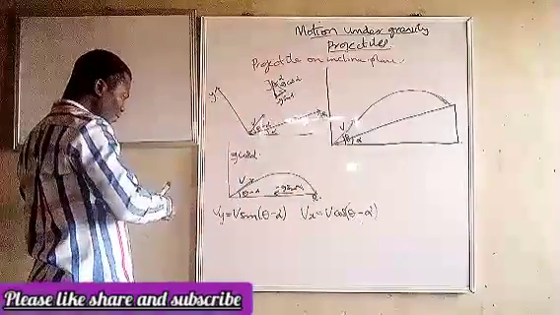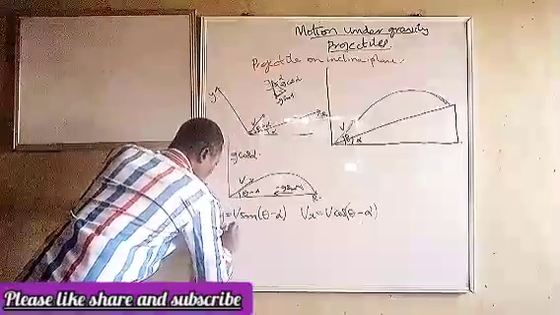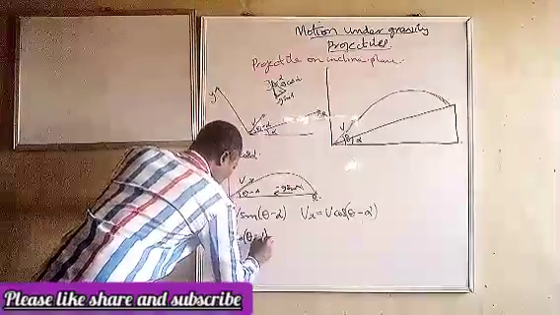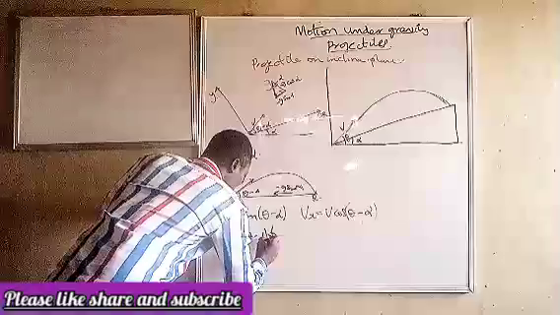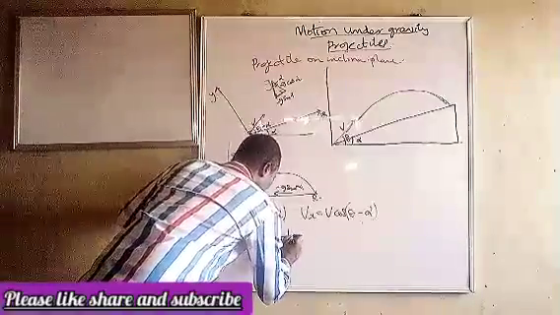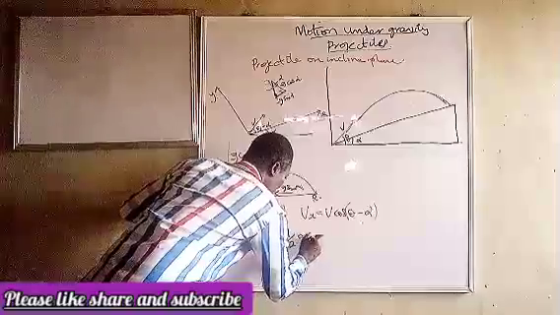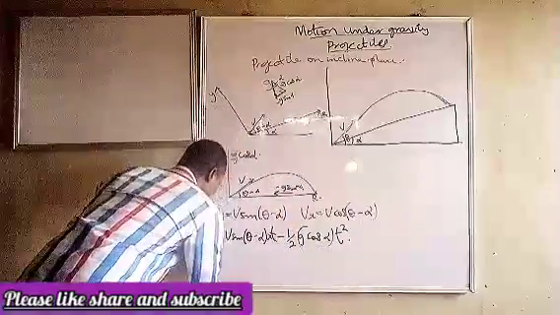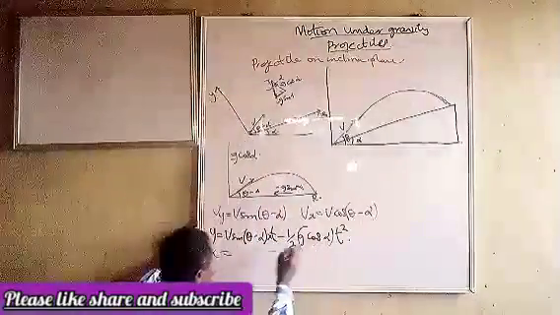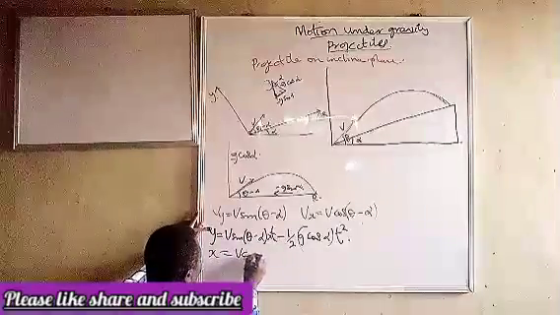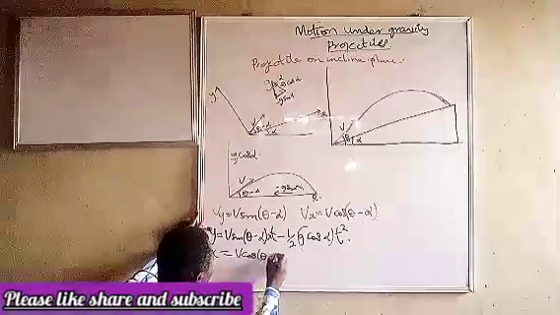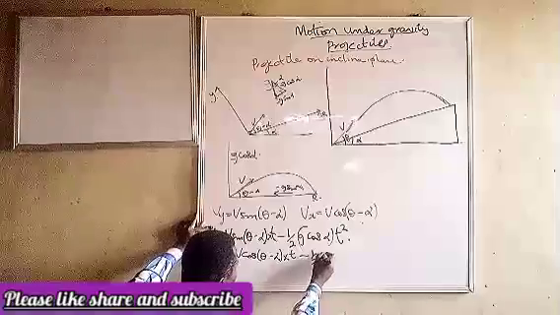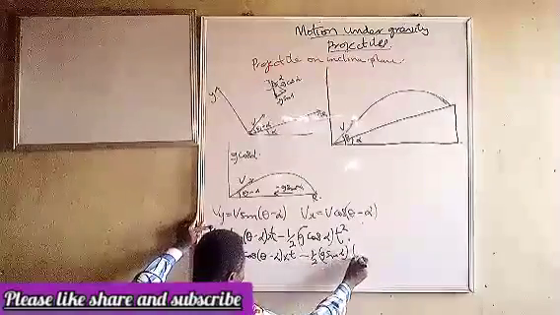Then our y will be equal to v sine theta minus alpha times t minus half g cos alpha into t squared. Our x will be v cos theta minus alpha times t minus half g sine alpha into t squared.